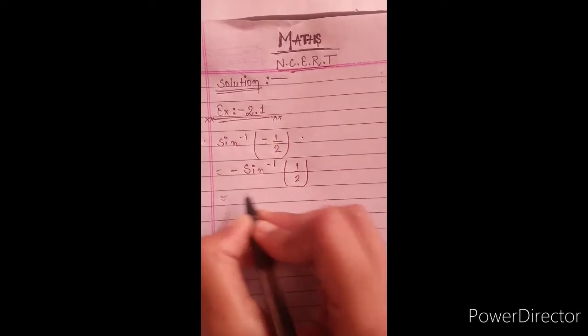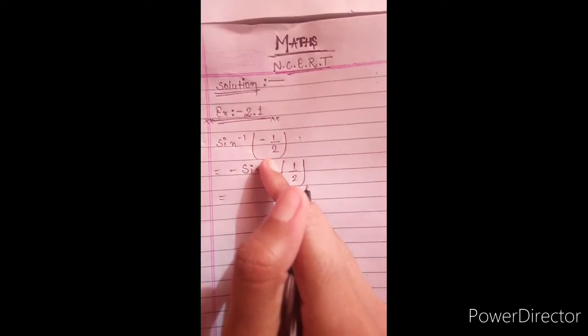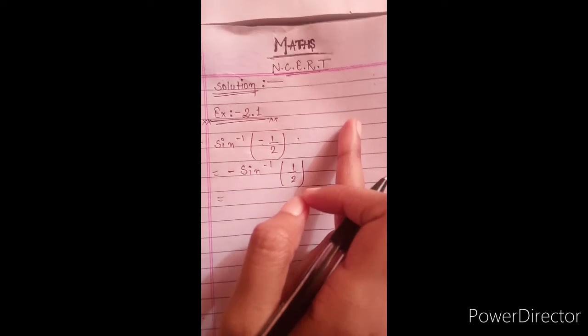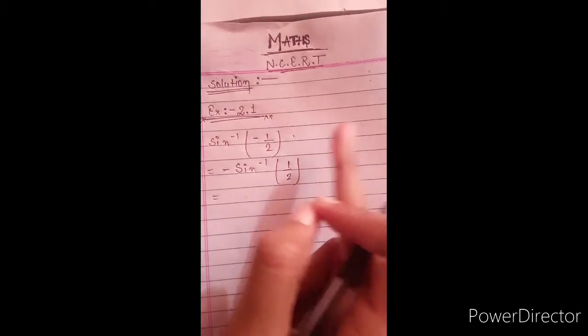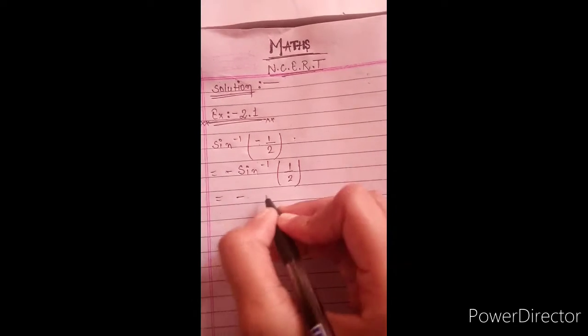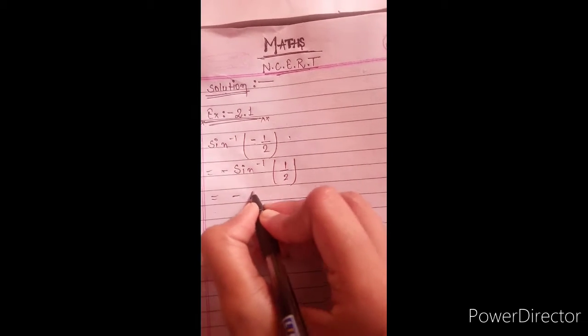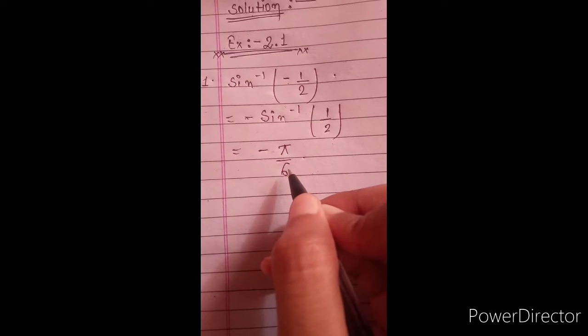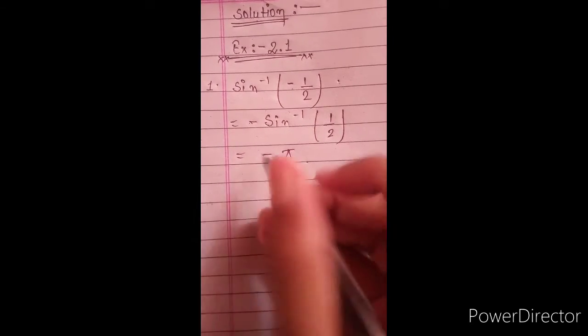Now we know sine 30 degree is equal to 1 by 2, so put it here: minus pi by 6. The answer of this question is minus pi by 6.